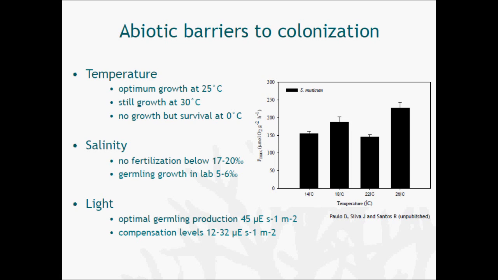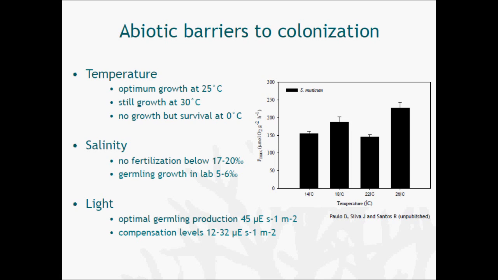And we know that it will do very well at temperatures lower than 14. So it has a wide range of temperature, and this is probably a common thing for introduced species like the invaders. The optimum growth temperature is 25. It grows at 30, but it survives at 0, so it can survive the winter and grow back in the summer, no problem.